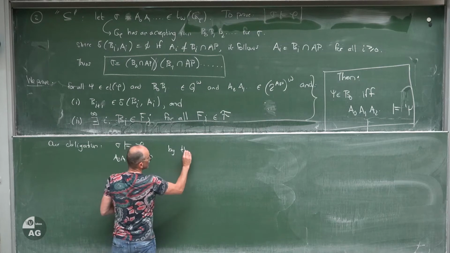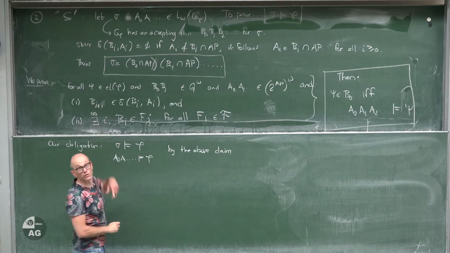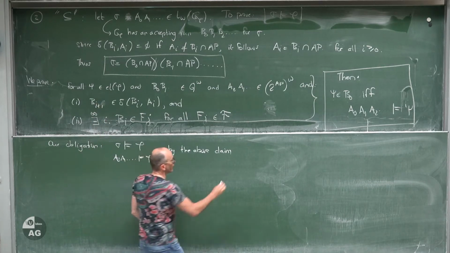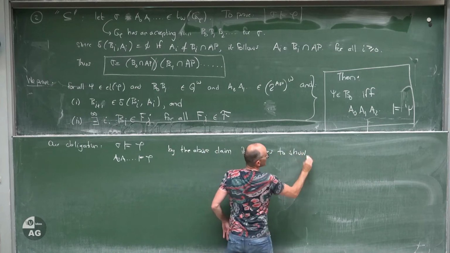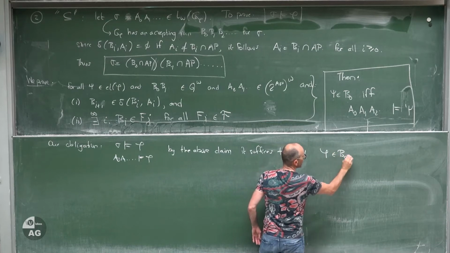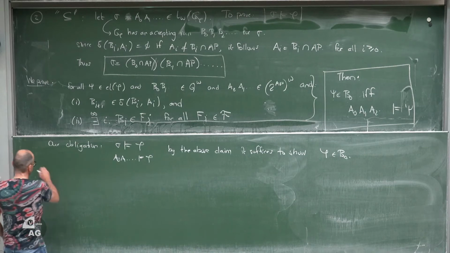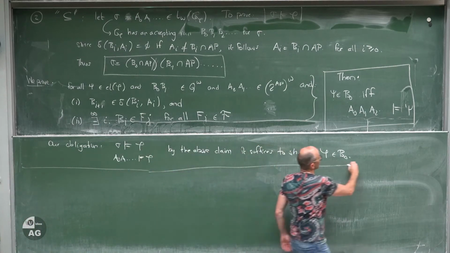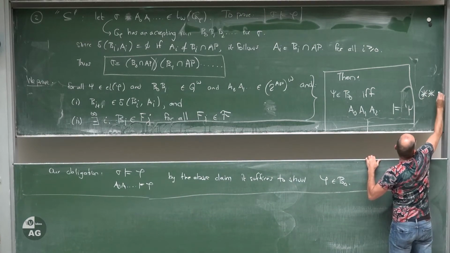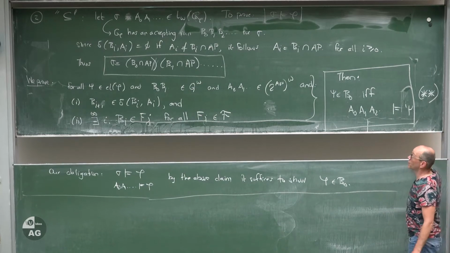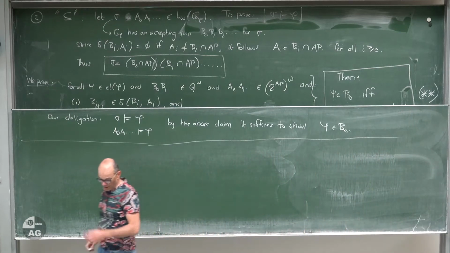So by the above claim, assuming all those conditions hold, it suffices to show that phi belongs to B0. Good. So now what we're going to do, we're going to focus on proving this, let's say, double star. Once we're done with this, we're basically done.